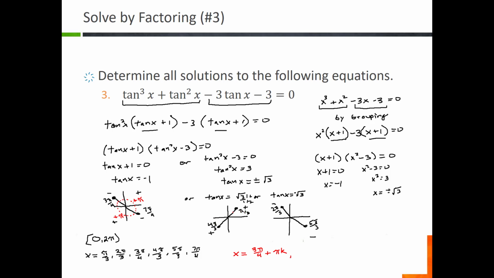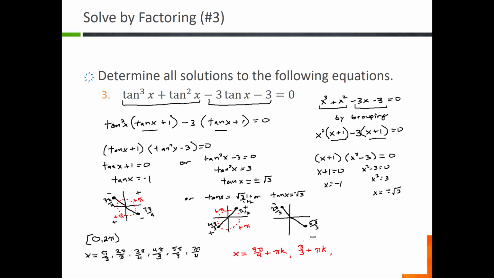Well, again, from pi over 3 to 4 pi over 3 is a distance of pi. And then from 4 pi over 3 to the next pi over 3 would also be a distance of pi. So we don't need to list both of those. If we're expressing all of them, we can just say start at pi over 3 and go a distance of pi k.